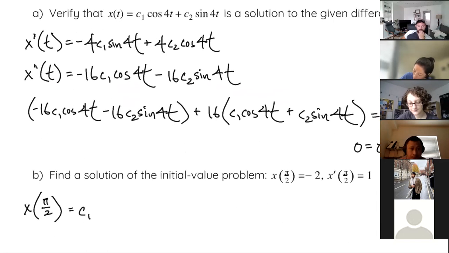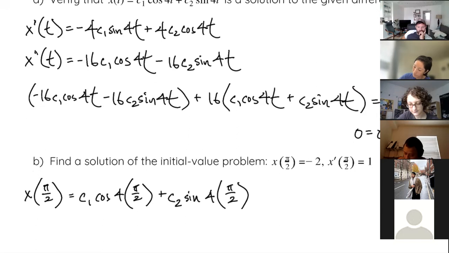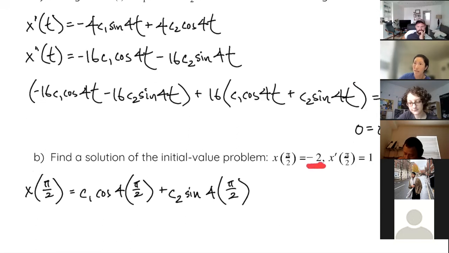equals c sub 1 cosine of 4 times pi over 2 plus c sub 2 sine of 4 times pi over 2. And we know from the initial condition that that equals -2. Okay.